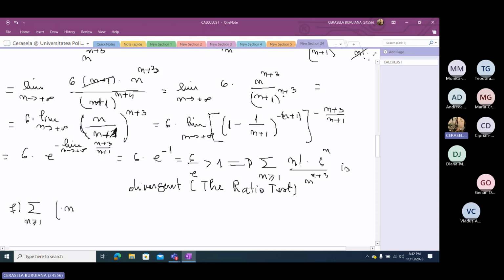Well, I will put here n times sinus of pi over n, power n. I take this series. So here, I hope it's clear, it's sinus. The argument of sinus is pi over n.